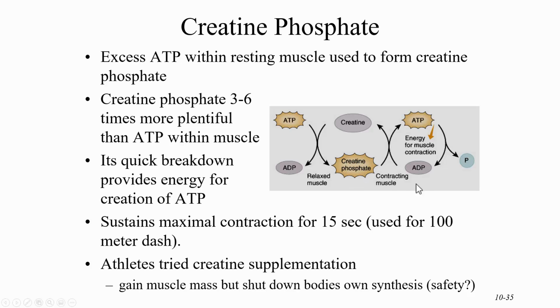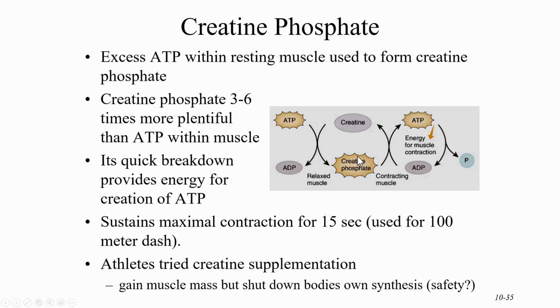Okay. Well, how do we turn ADP back into ATP? Remember, ADP is adenosine diphosphate. ATP is adenosine triphosphate. Well, here we're at ADP. We have 2 phosphates. We need a phosphate. Where are we going to get that phosphate?